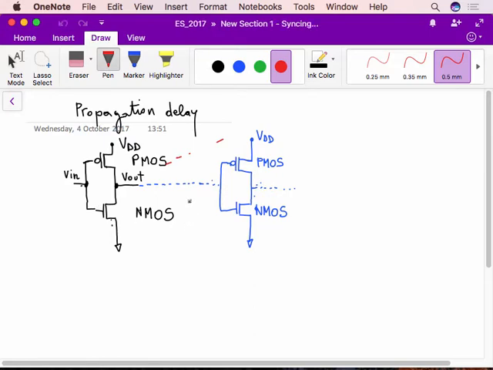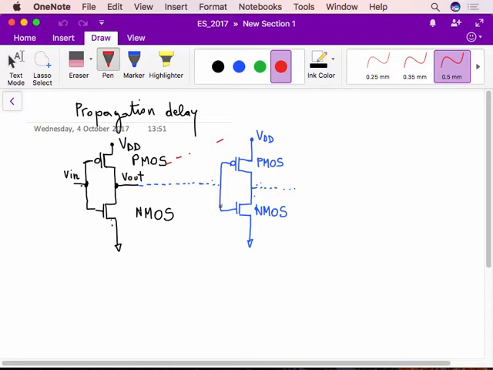Because basically, if you consider the DC current, there should be no DC current here, because along this direction you have a gate of a PMOS which is insulated from the channel, and the gate of the NMOS which is also insulated from the channel. So there is no constant DC current flowing in this direction.